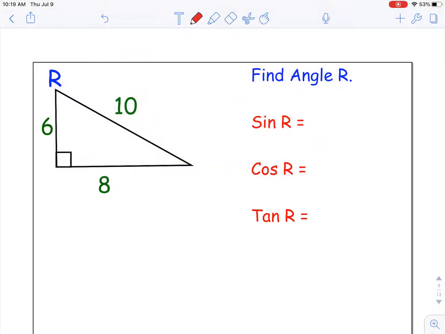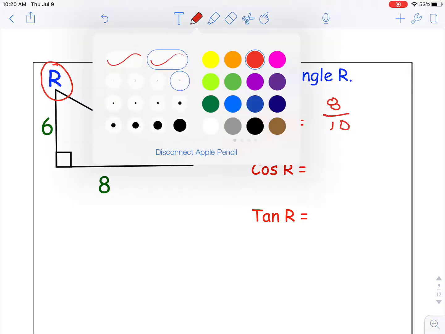So now it says to find angle R. So we're going to find angle R, but they specifically want us to use the sine ratio to set it up. So the sine, remember, is SOH, so we're going to take the side opposite over the hypotenuse 10.